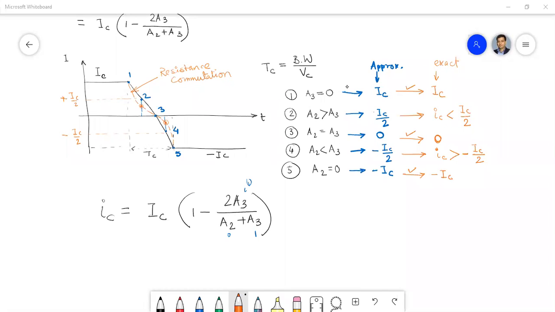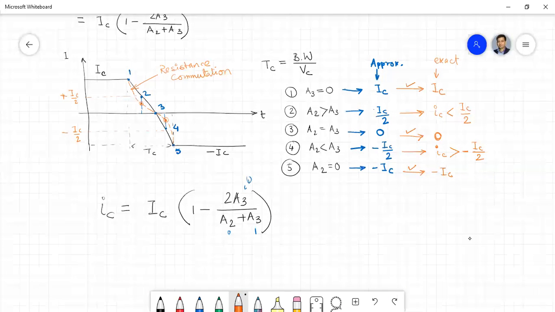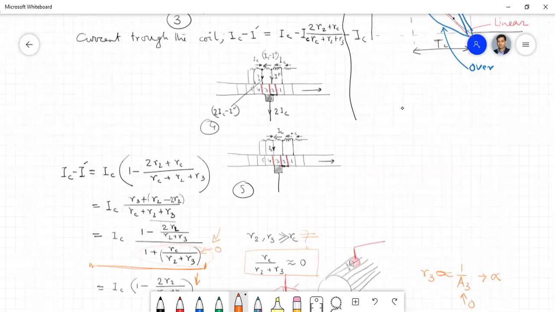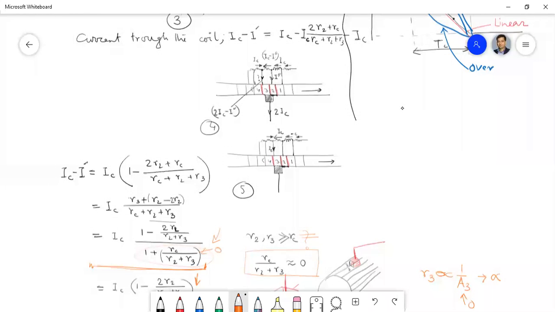Okay, so now, how many currents do we have in this? We have two currents, or rather three. So what are the currents? One current is flowing through the commutator segment 2, and that is I double prime, isn't it?